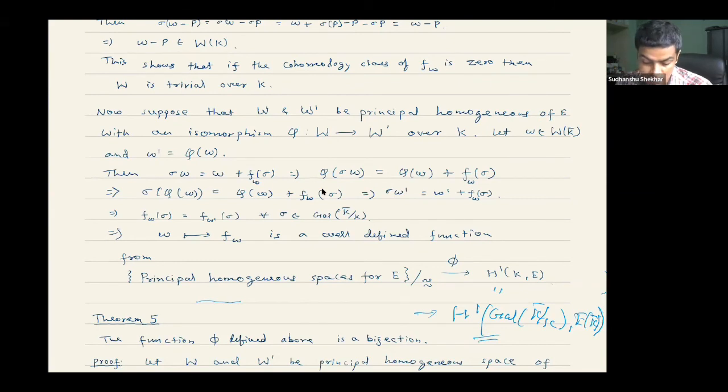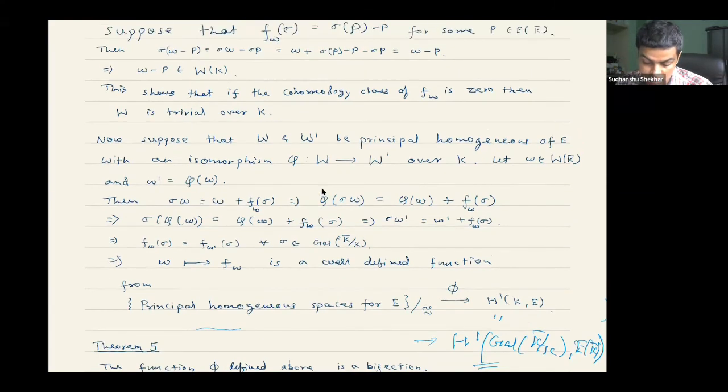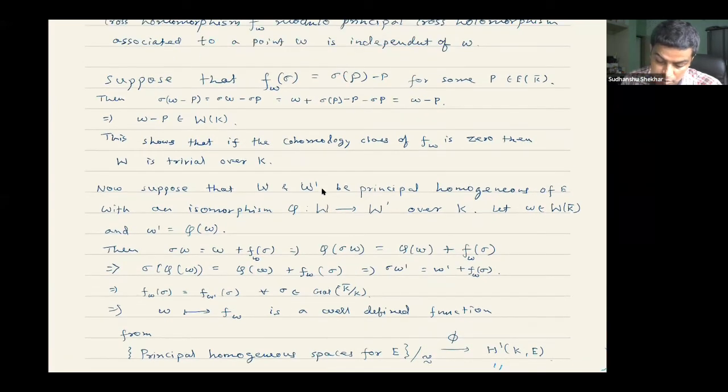Suppose that this associated cross homomorphism is trivial, that is, it equals sigma P minus P for some point P in E(K bar). Then W minus P actually belongs to W(K).